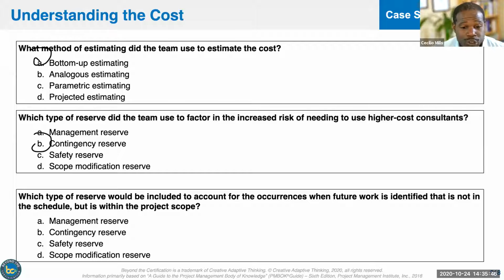Okay. And then what type of reserve would be included to account for the occurrences when future work is identified that is not in the schedule but is within the project scope? Basically, what type of reserves would be included to account for occurrences where future work that we didn't know about popped up and it's still within the job that we're supposed to do?